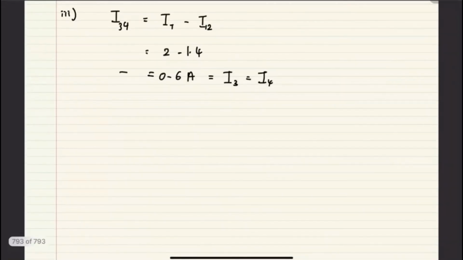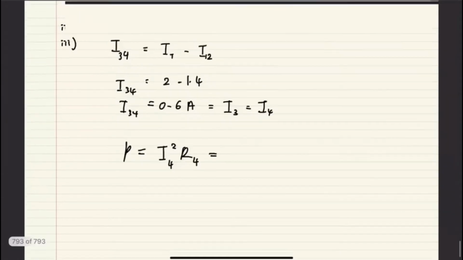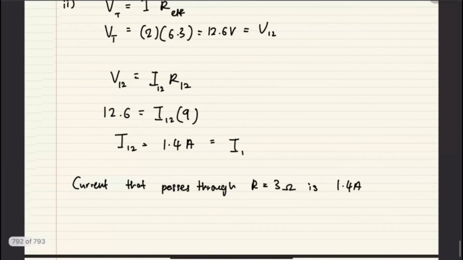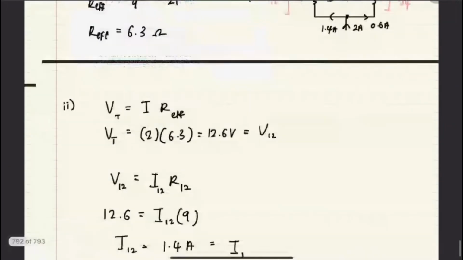So therefore, power dissipated P is equals to I squared R. So I want to use R4, so I have to use I4. R4 dia adalah 12 ohm.